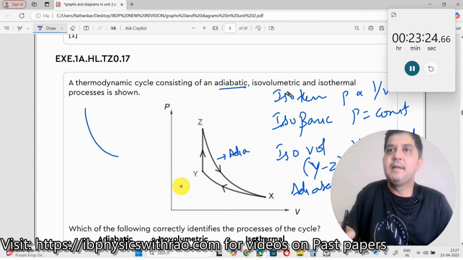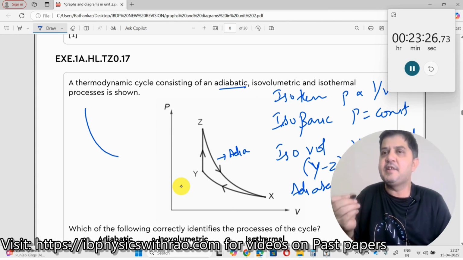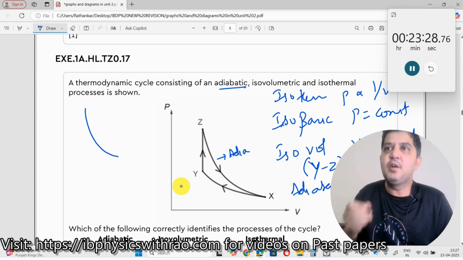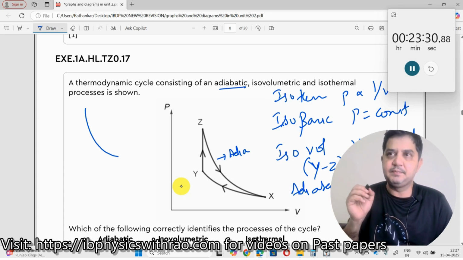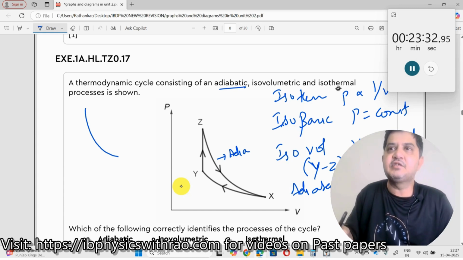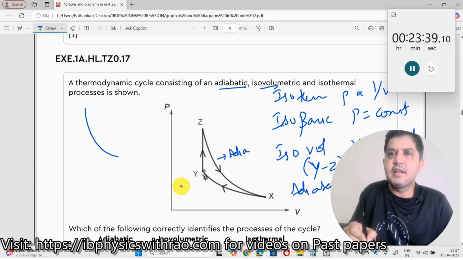Then isovolumetric. What do you mean by isovolumetric? That means the volume is constant. Look at this vertical line here. At this point the volume is some value, and at every point over here it's the same volume, right? Pressure is changing.